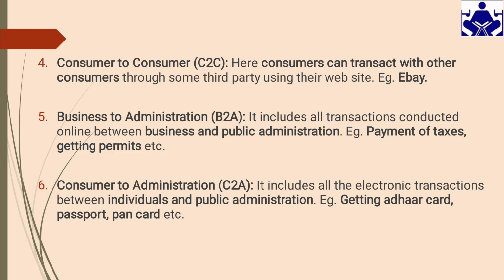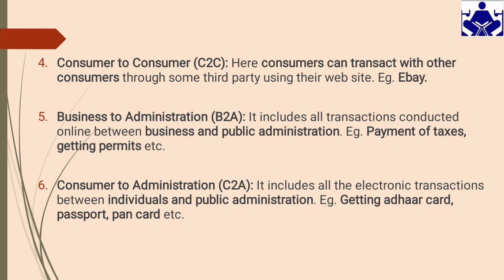Business to administration, B to A. It includes all transactions conducted online between business and public administration. For example, payment of taxes, getting permits, etc. from the government can be done through their portals by using their websites. So B to A. Consumer to administration, C to A. It includes all the electronic transactions between individuals and public administration.